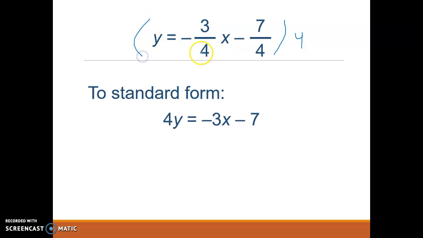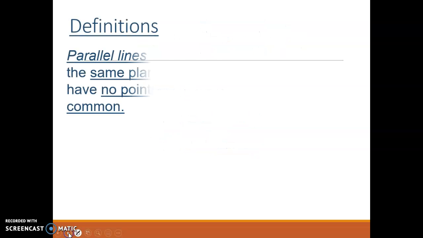That will get rid of the fractions on the bottom. And that turns our whole equation into 4y equals -3x minus 7. We then want to add 3x to our right because we don't want it on the right side. And whatever we do to the right, we do to the left as well. So we've got 3x plus 4y equals -7, and that is in standard form.